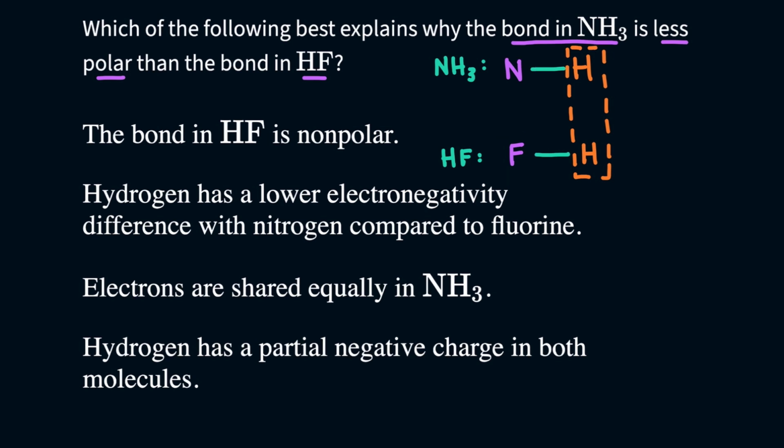So, they did give us a sentence that said that the NH3 bond is less polar. So something has to do with this nitrogen making this bond less polar, and by default, that would mean that the fluorine is making the bond more polar.